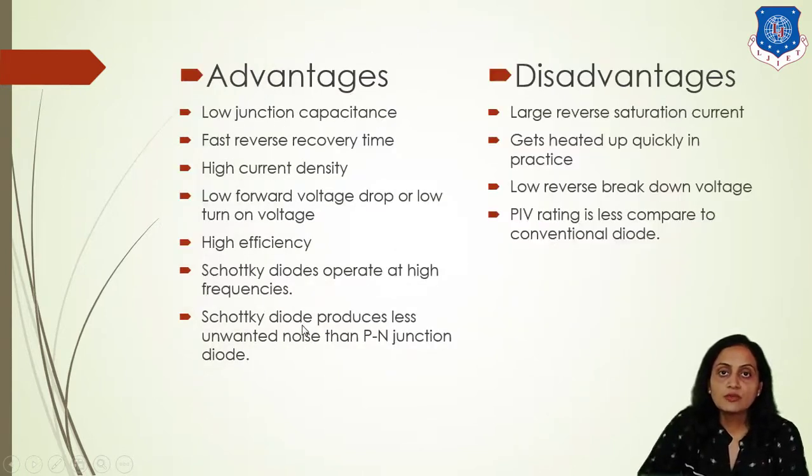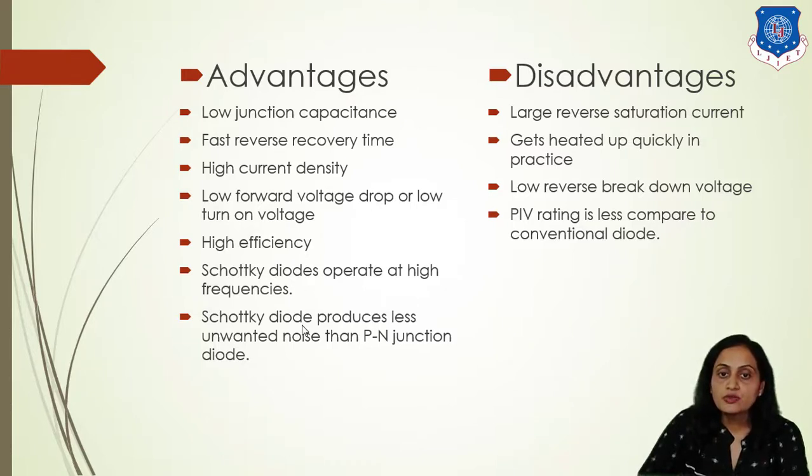Let us discuss some of the advantages and disadvantages of Schottky diode. The advantages include low junction capacitance, fast reverse recovery time, high current density, low forward voltage drop or low turn-on voltage, and high efficiency. Schottky diode operates at high frequencies.